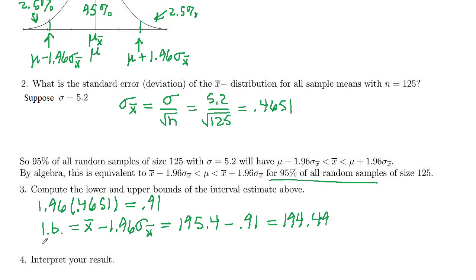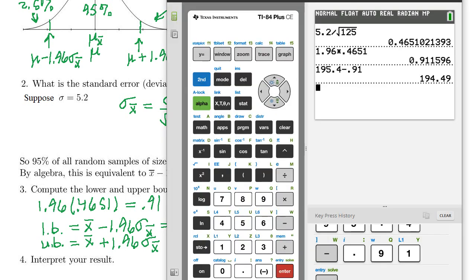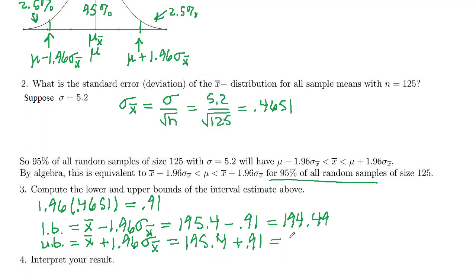And then we're going to find the upper bound. I'll abbreviate that UB. That's right here. So that's the sample mean plus 1.96 standard deviations of the x-bar distribution. So that's going to be our 195.4 plus 0.91, which is 196.31.